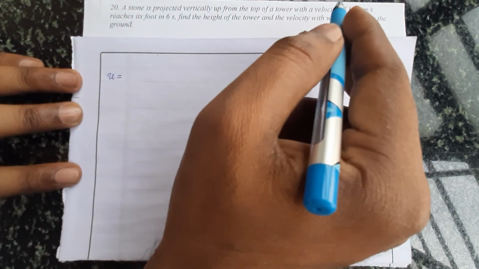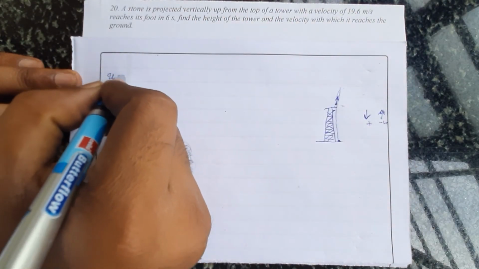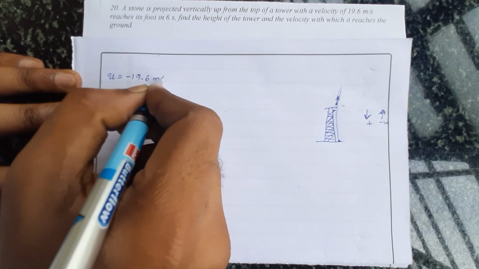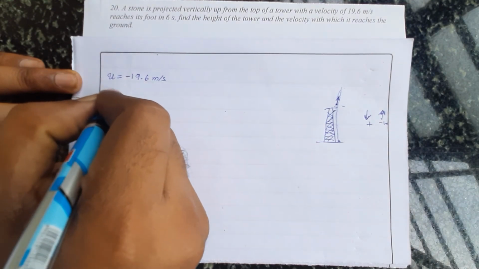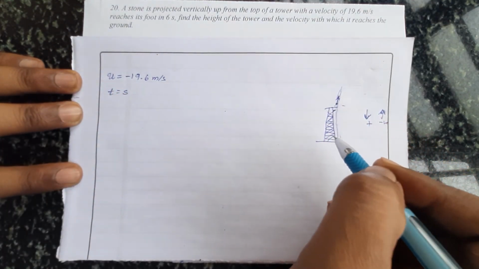So what is given is it is thrown vertically upwards with 19.6 meter per second. So minus 19.6 meter per second, and it takes 6 seconds to reach the foot. It goes up, comes back.